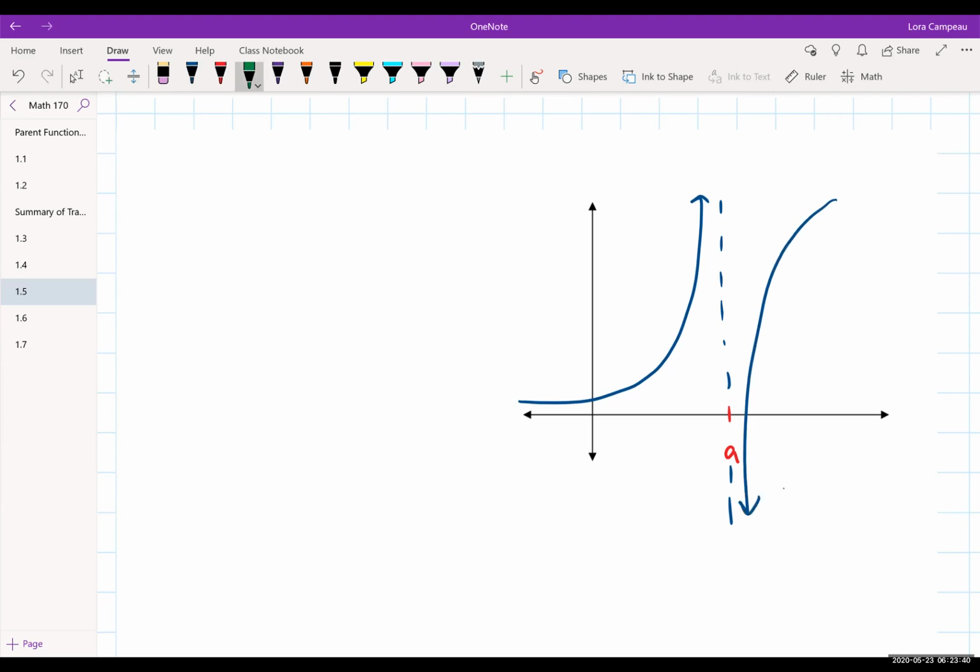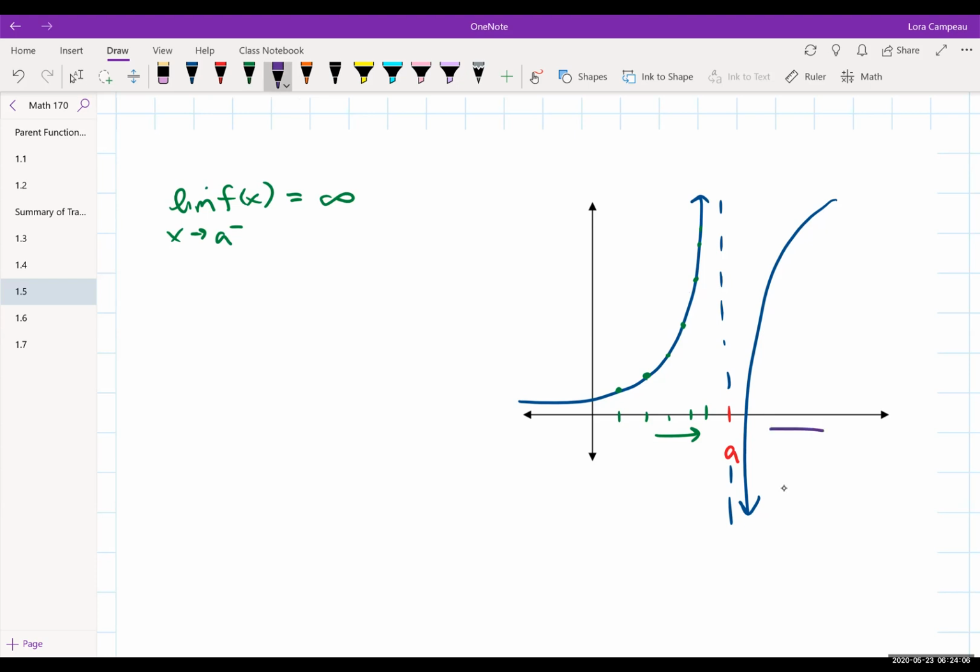So similarly, as we're coming from the left-hand side, the limit of f of x as x approaches a, make sure I have that negative sign, is equal to, for every x value, those corresponding y values seem to be getting higher and higher and higher. They're actually approaching positive infinity.